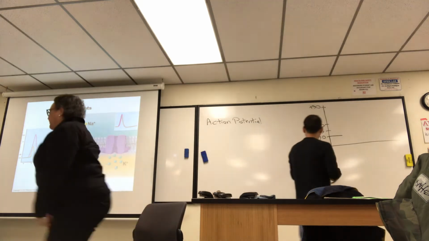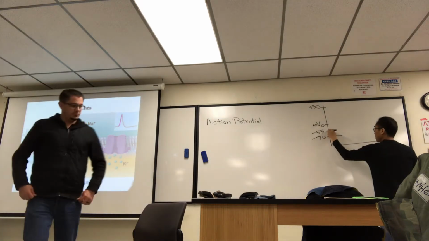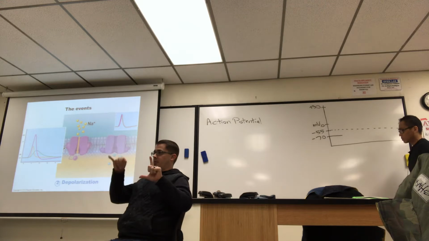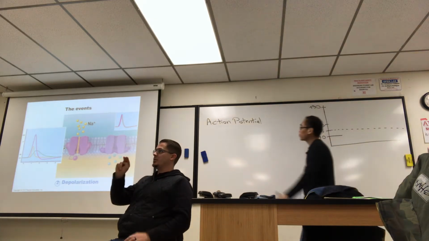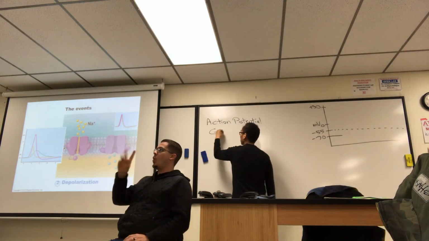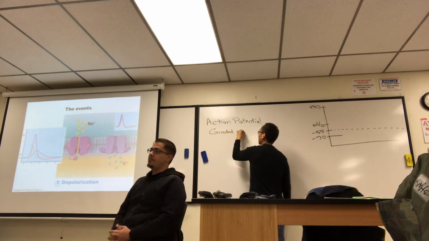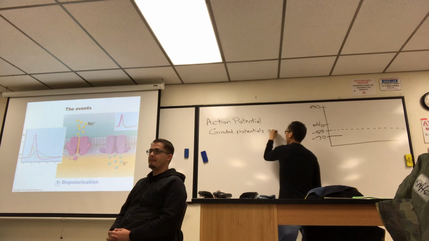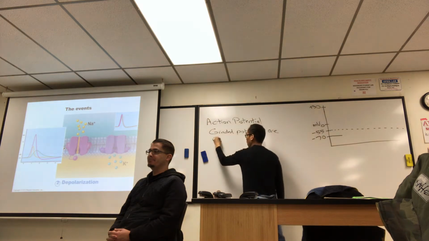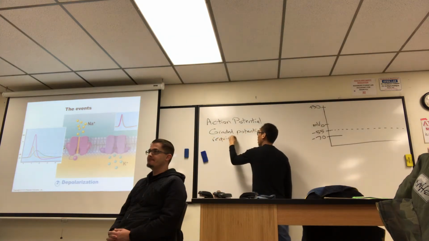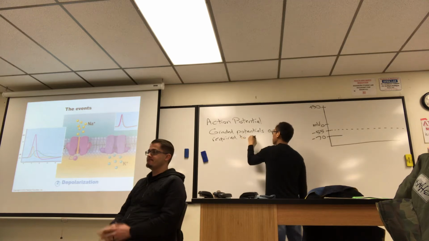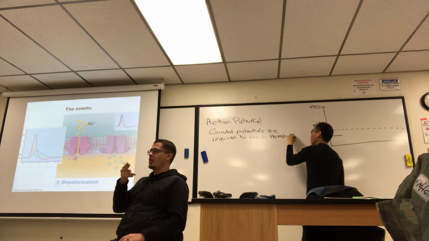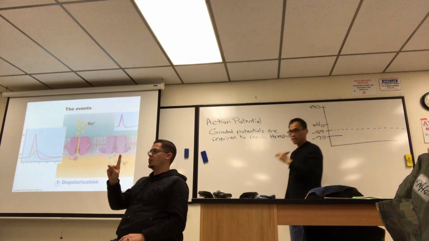So if this dotted line is the depolarization that's required for this cell to reach threshold, graded potentials are required to reach threshold potential, negative 55 millivolts.